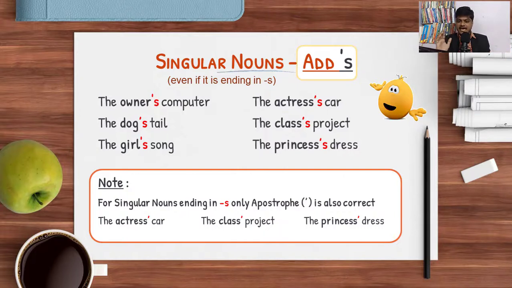In the examples the actress's car, the class's project, the princess's dress, these nouns end with s. So we can add apostrophe s, or just place an apostrophe to show the possessive. That is why for these nouns, the actress, the class, the princess, apostrophe s or just apostrophe shows the possessive.